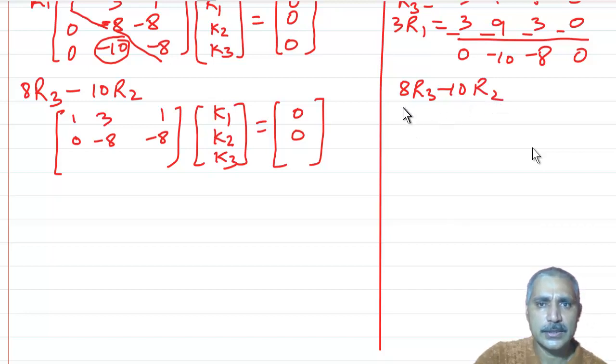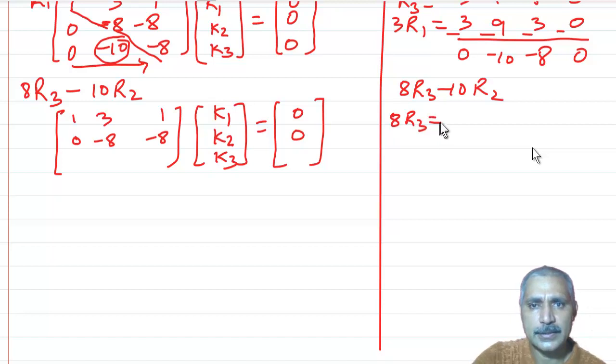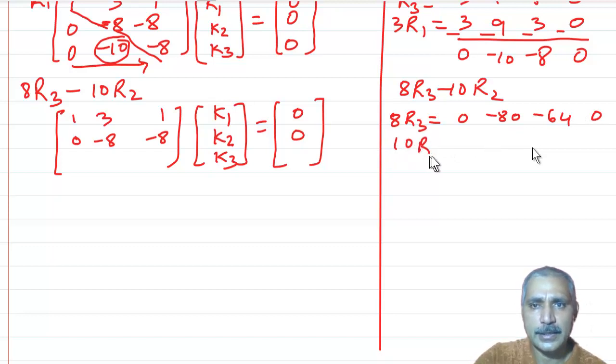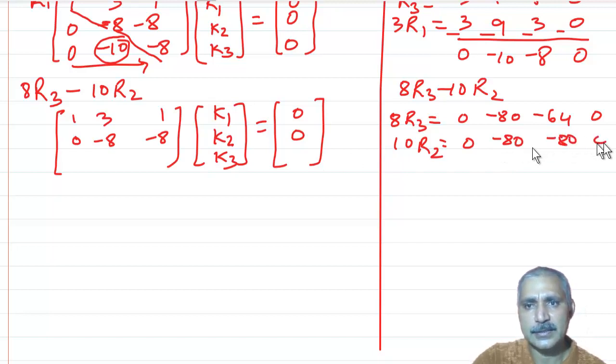So R3 is these elements. We will multiply that by 8. It will be 8R3, that is equal to 0, minus 80, and 8 times 8 is 64, minus 64, and 0 into 8 will become 0. And 10R2: we will multiply R2 by 10, so it will be 0, minus 8 into 10 will become minus 80, then again minus 80 here and 0.